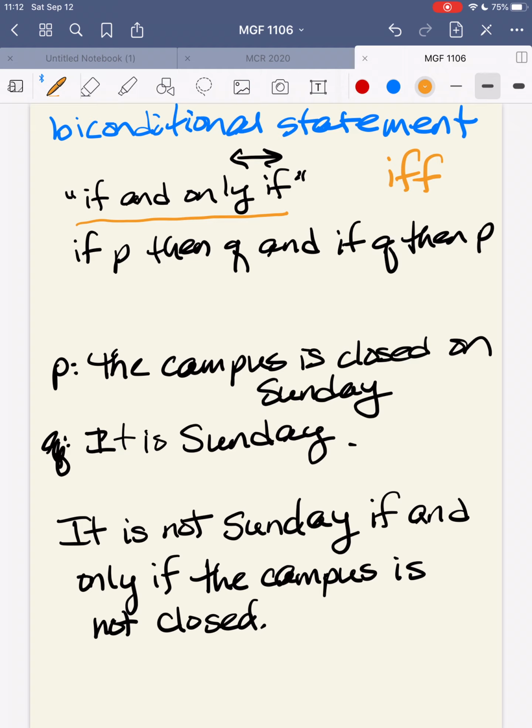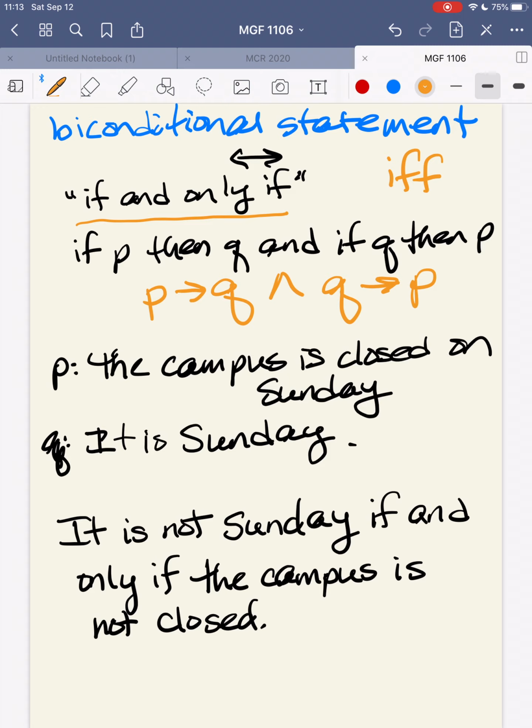Okay. If you go further in math classes and have to do proofing, you'll see this happen a lot. So, if P, then Q, and Q, then P. All right? So it means that it has to be true not only one direction, P to Q. It also has to be true for Q to P. All right.